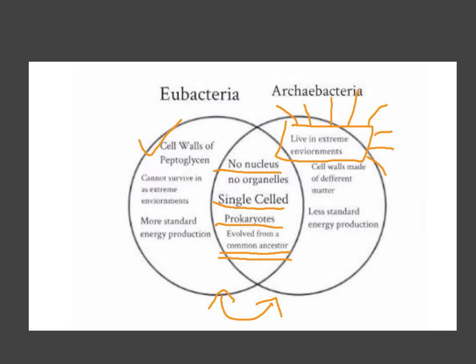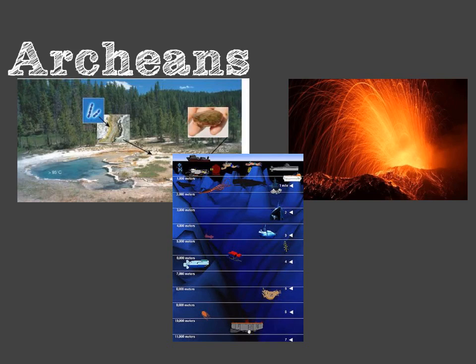But how was it that scientists managed to distinguish the difference between eubacteria and archaebacteria? This was very interesting. A lake that was found in Yellowstone Park in the United States was very interesting for scientists in order to see the different properties of the hot water.